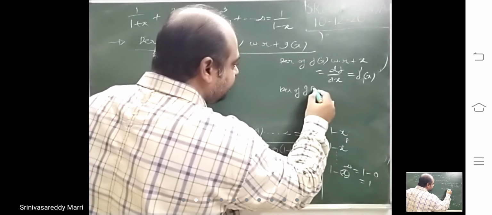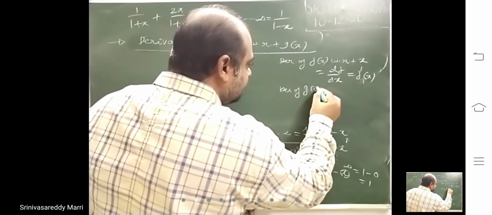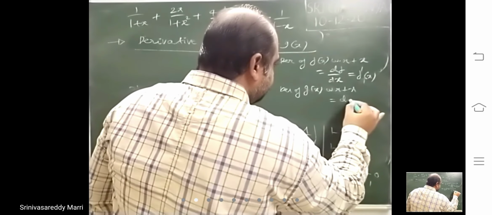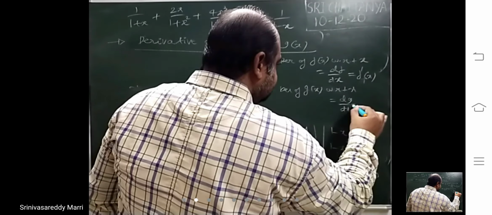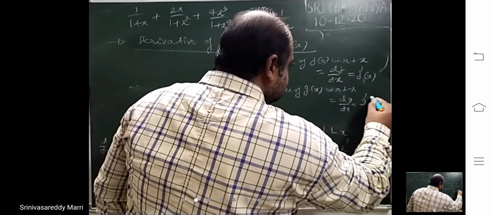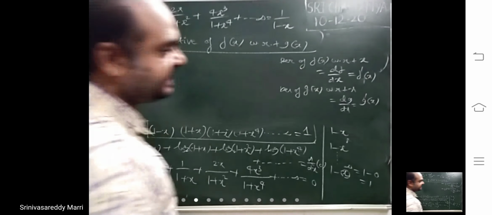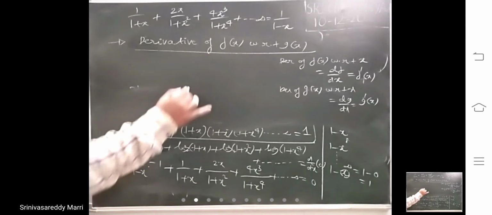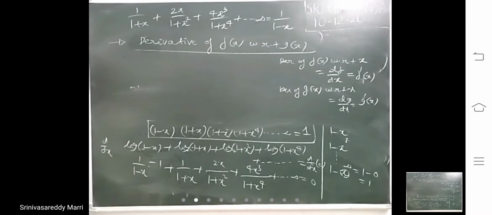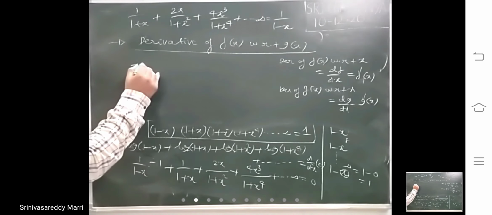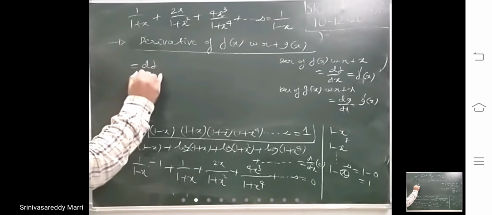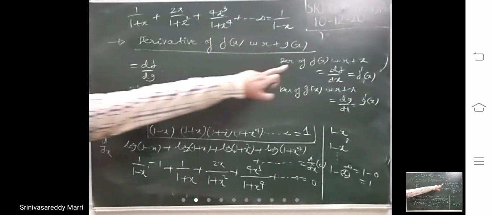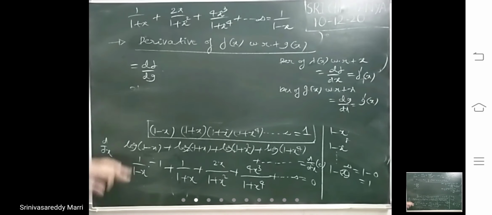Derivative of g of x similarly with respect to x means dg by dx. This is nothing but g dash x. Now he is asking derivative of f of x with respect to g of x. That means df by dg. Derivative of f with respect to x means df by dx.